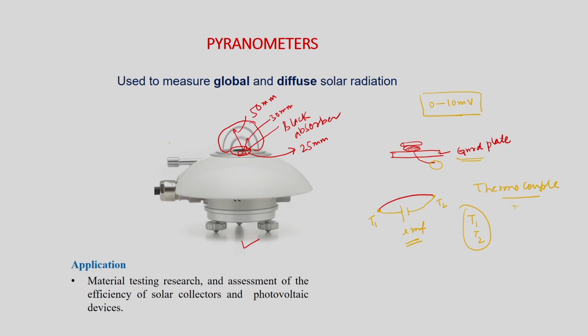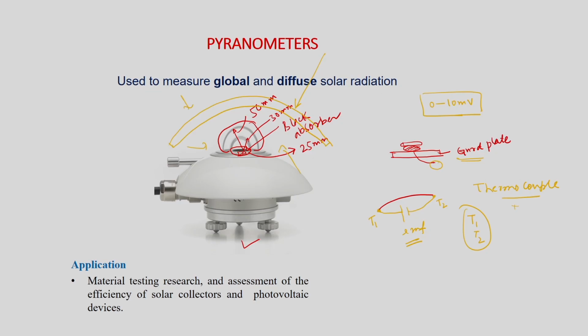If we set this semicircular strip over the glass envelope, direct radiation cannot come and strike this black surface. Only radiation from the other side will come, which is the scattered part, or diffuse radiation.